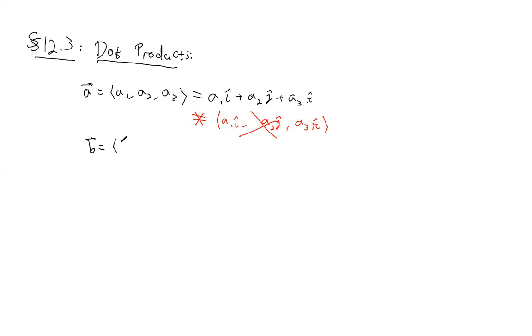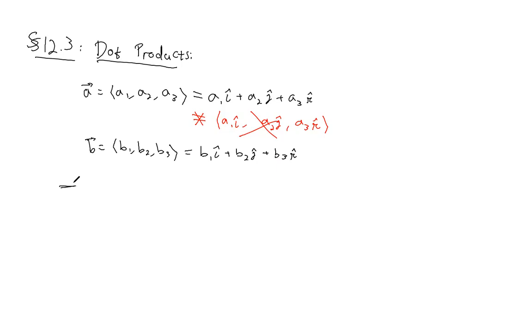Anyways, let's say that B is going to be B1, B2, B3, or if you prefer, B1 i plus B2 j plus B3 k. And what can we do at this point?